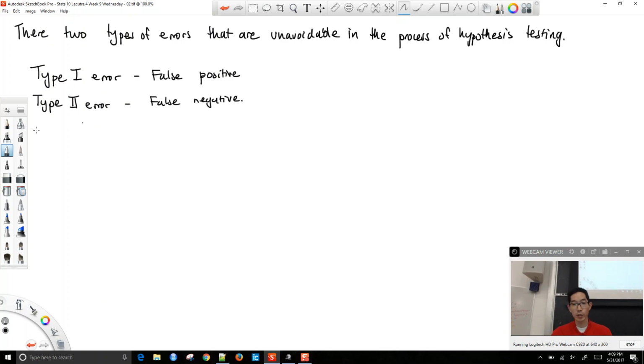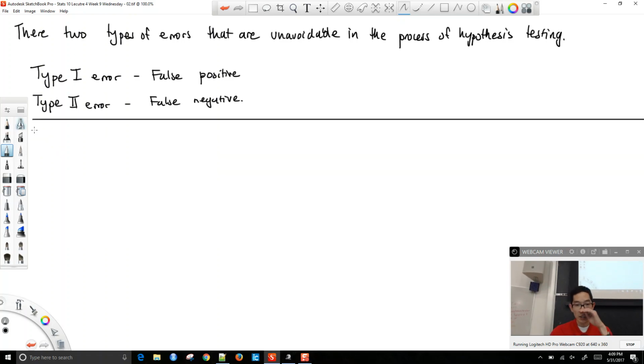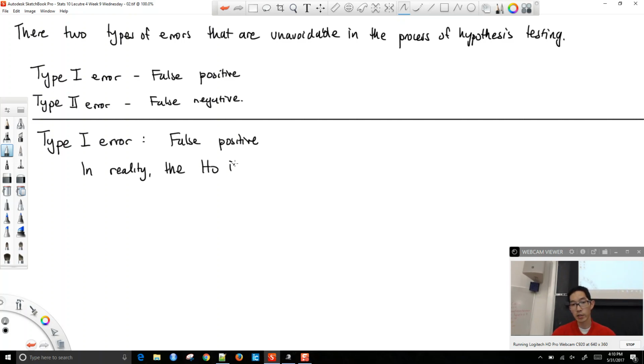All right, so let me describe what the false positive is, okay? So the type 1 error. Okay, this is the false positive. And what it means is that in reality, the null hypothesis is true. Okay?